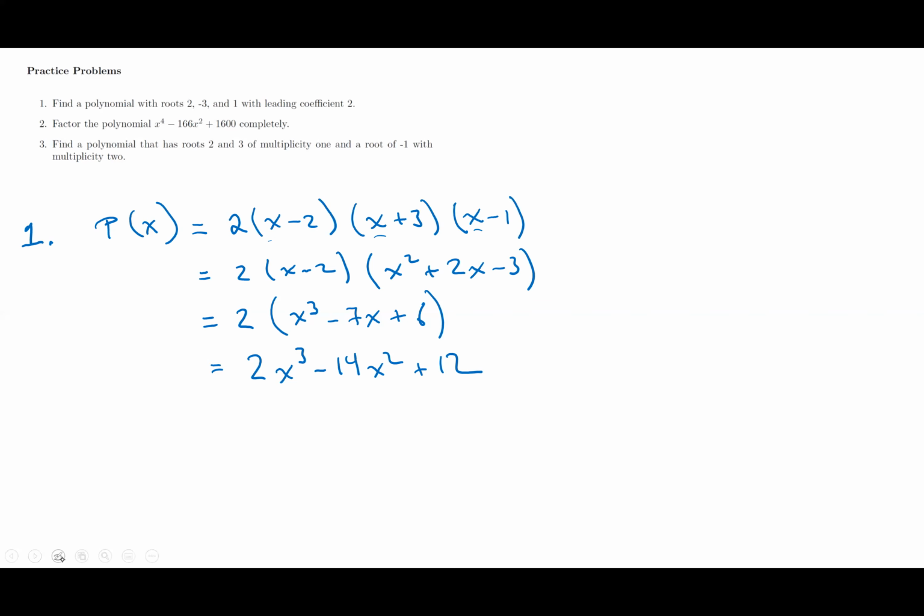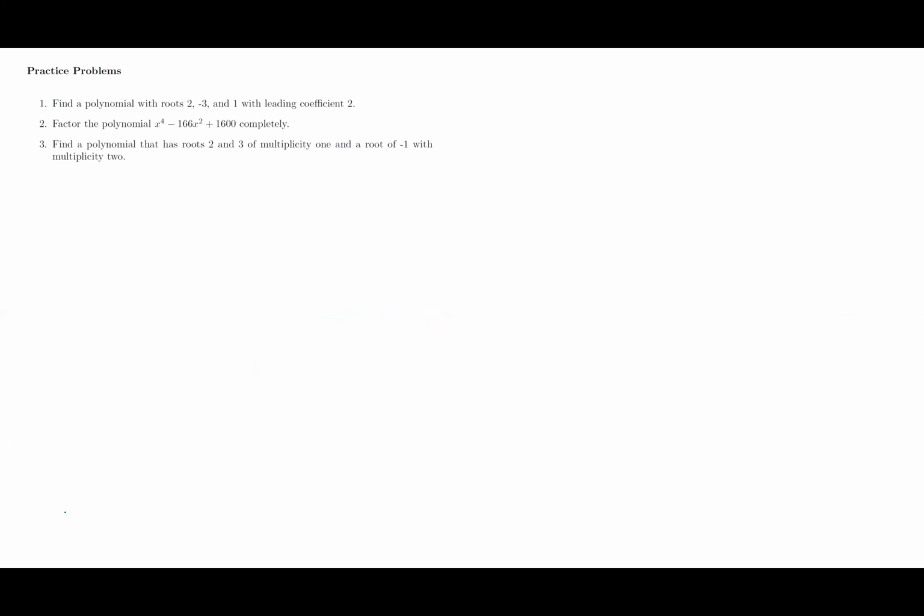How about number 2 here? Factor the polynomial completely. Well, let's see. X to the 4th minus 166x squared plus 1600.